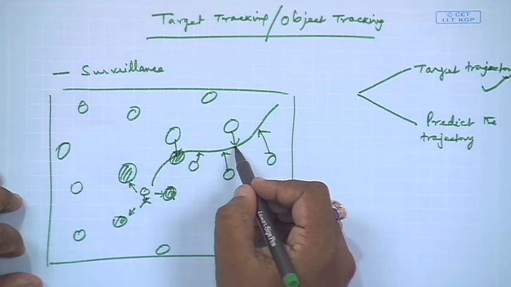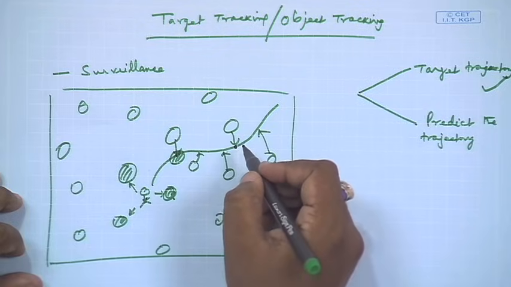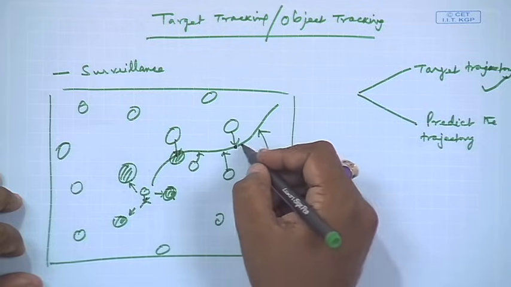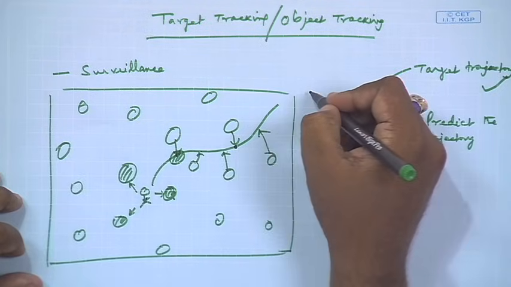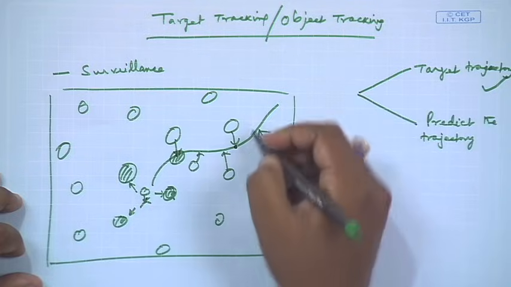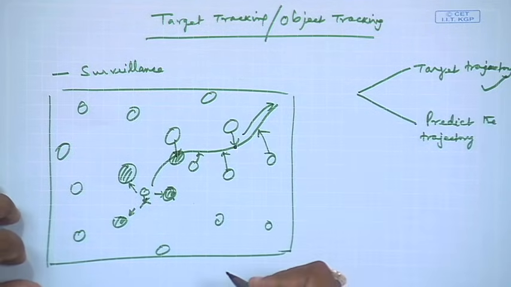It comes to this particular position, and at this position we have to predict what is going to be the next position or a sequence of positions of the target. So, this is known as the problem of target tracking in sensor networks.